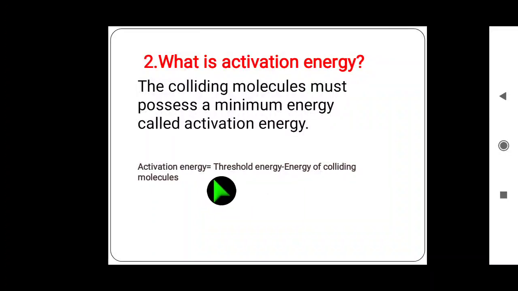Another statement we can give: activation energy equals threshold energy minus energy of colliding molecules.